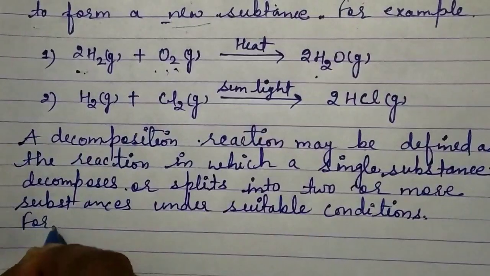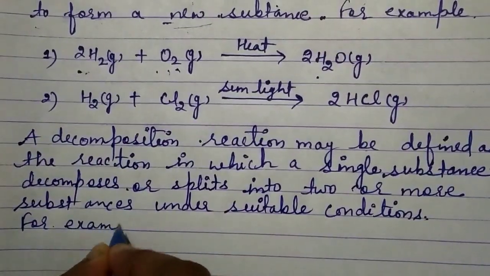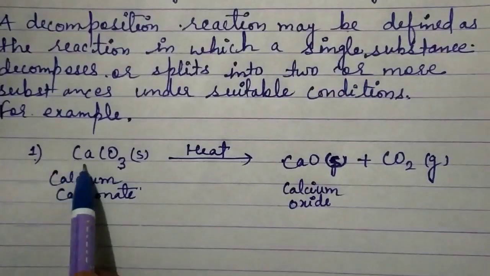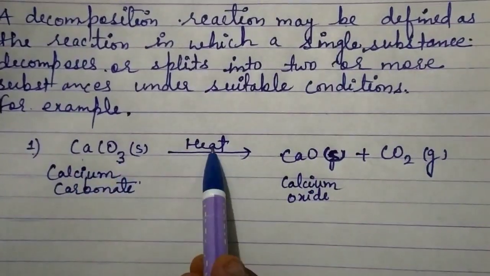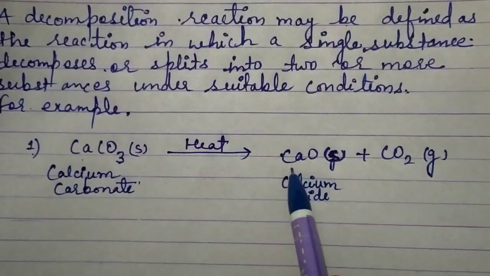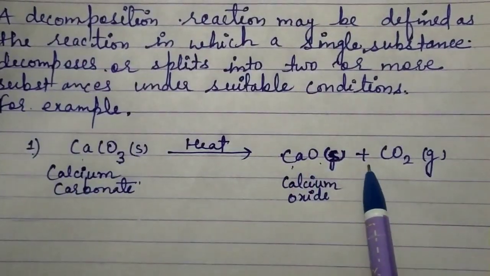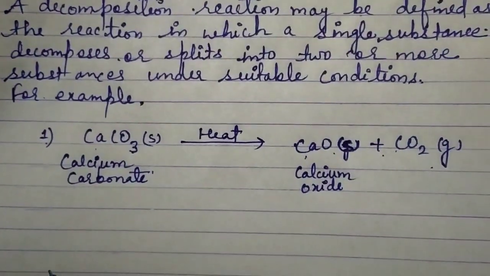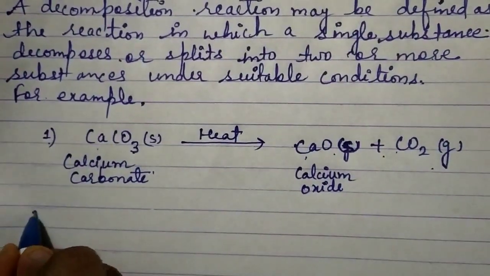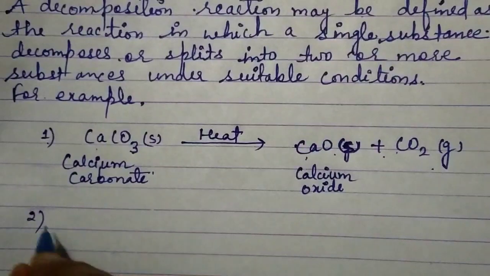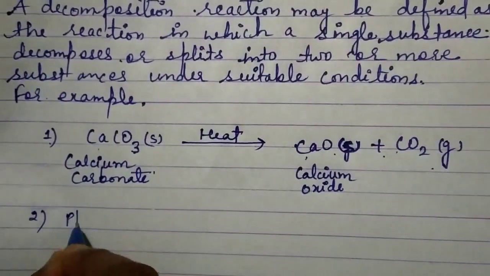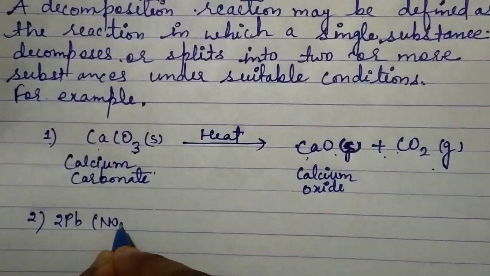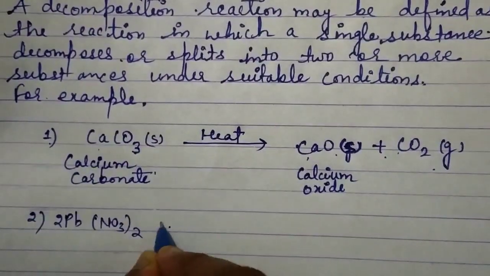For example, here calcium carbonate under heating is split into calcium oxide plus carbon dioxide. Next example, second, lead nitrate, Pb(NO3)2. It is a very important reaction. It is a solid.